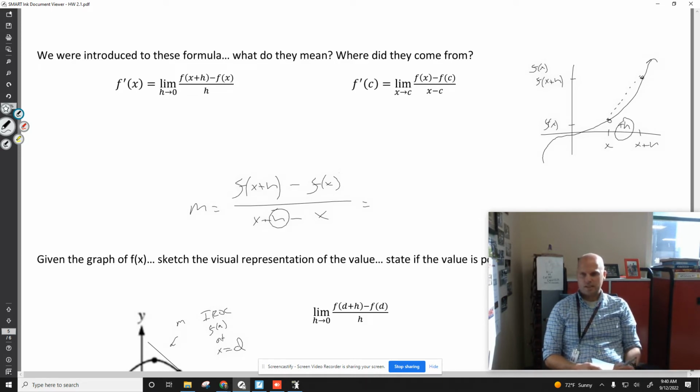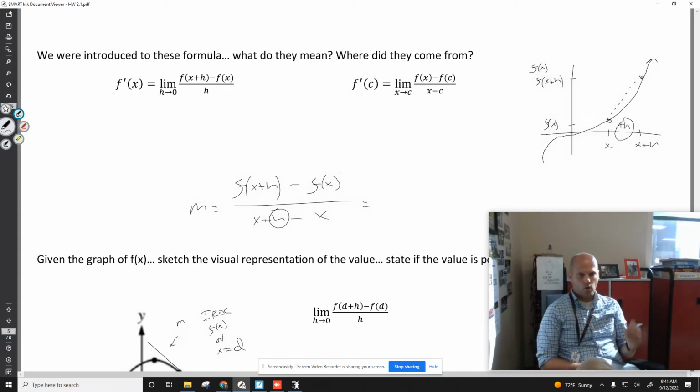This h distance is the change in x's. It's how much we went over. So the x's really go away. And you get this formula for slope. If you know how far away your points are in terms of an x distance, y2 minus y1 divided by that x distance. That's a slope formula. No big deal. It came from slope.